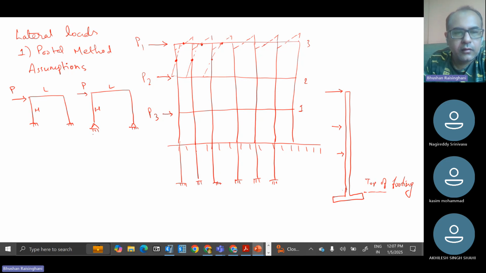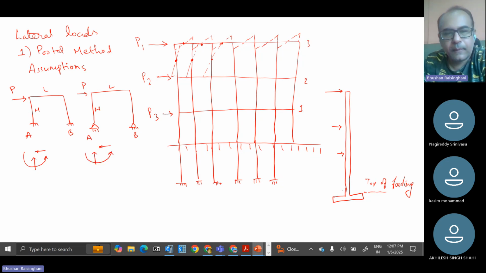This is A and B. So what will be the horizontal reaction, what will be the vertical reaction, and what will be the moment in this case? Can anybody tell what will be the horizontal reaction at A in both cases?